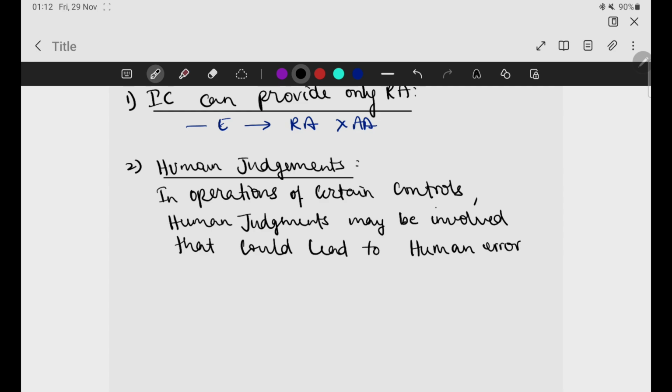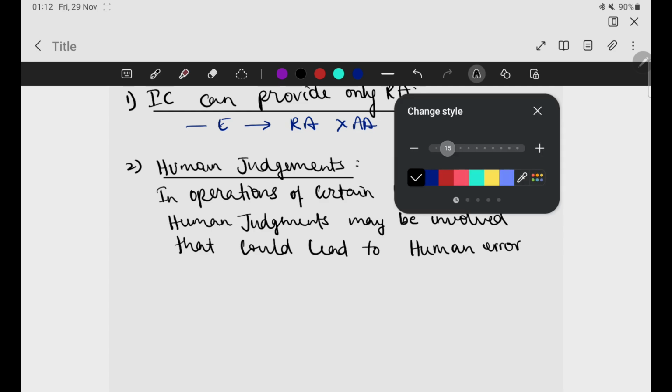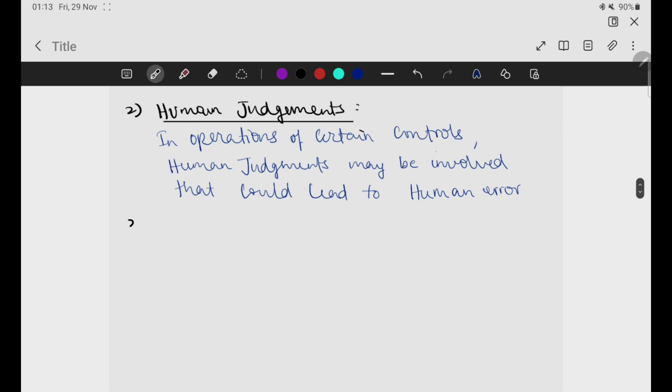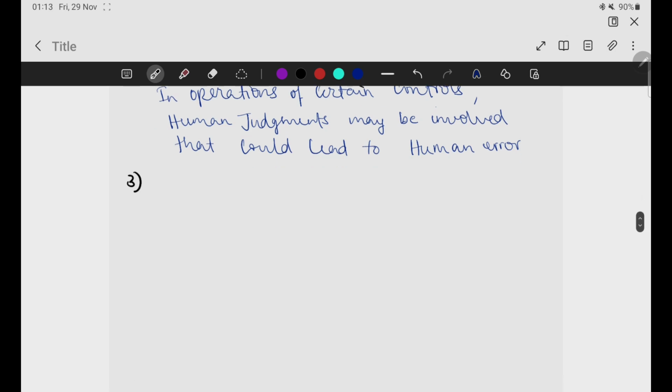Okay, so this is the second point, right? Next, the third point was that there could be lack of understanding, right? Lack of understanding.